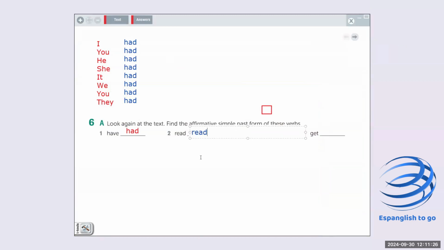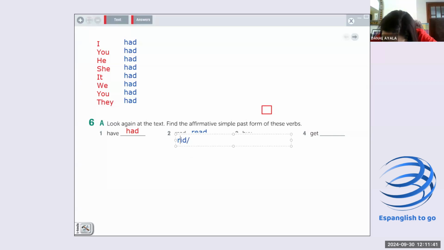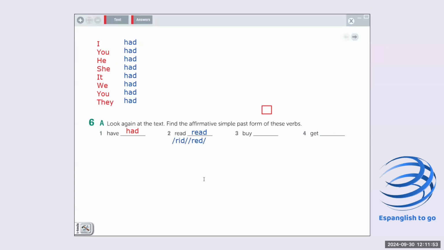The pronunciation for present is read, but the pronunciation in past is read. The same spelling, the same writing, but different pronunciation. So we have had, read, read.